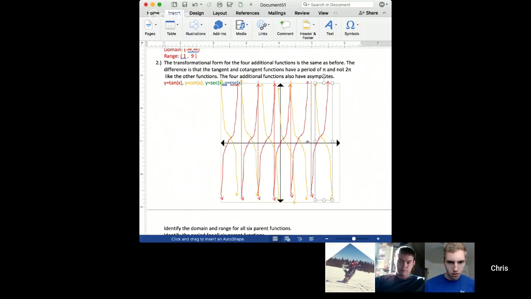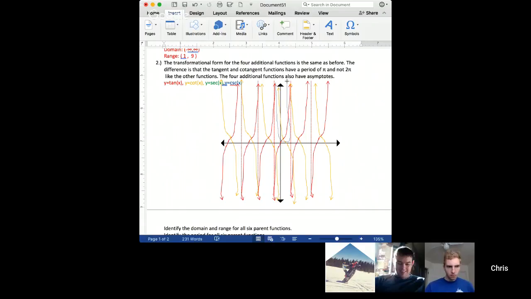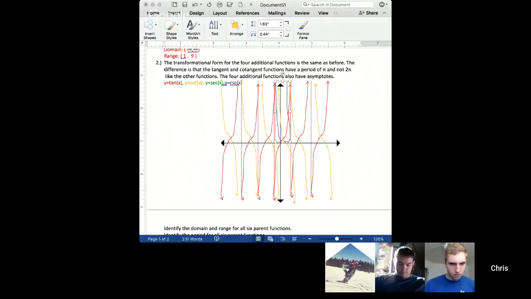Wow, this is like LSD looking at this graph. All these rainbowy colors. I would not know. I want to make it green.